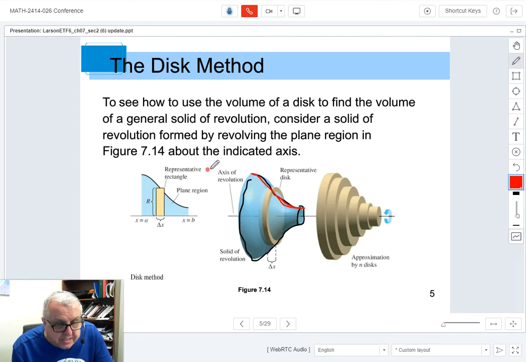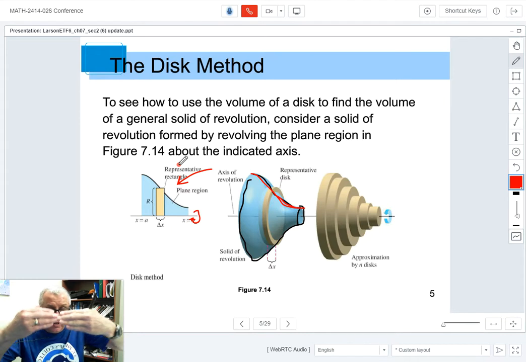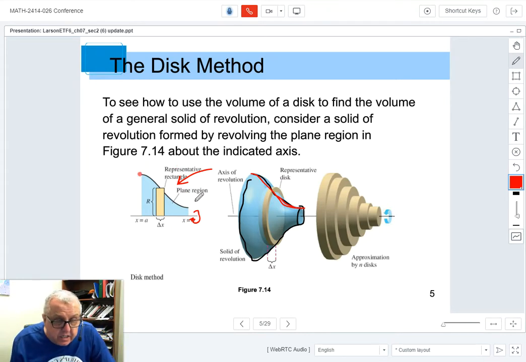Do you see that shape there is signified by this graph? If we rotate this shape around the x-axis, it forms this figure here.